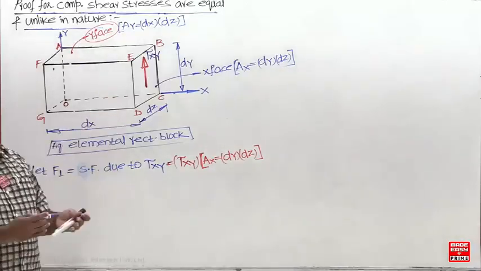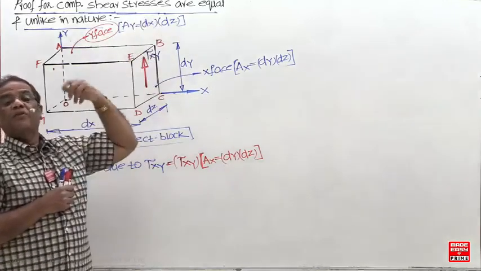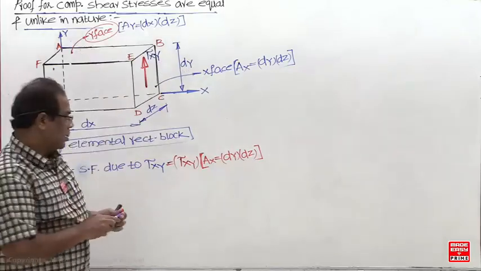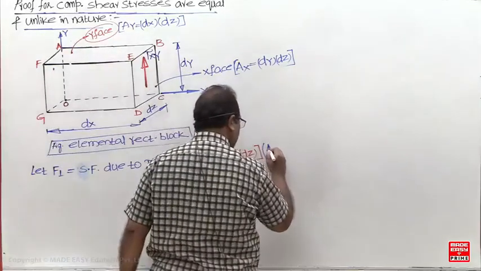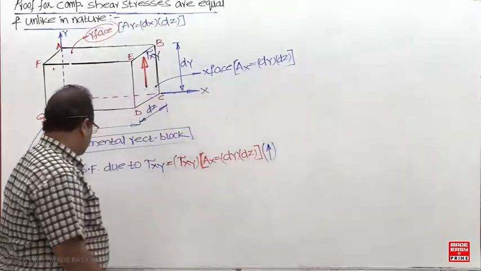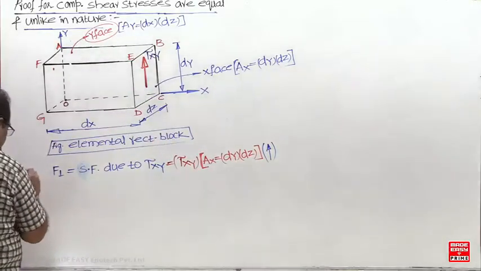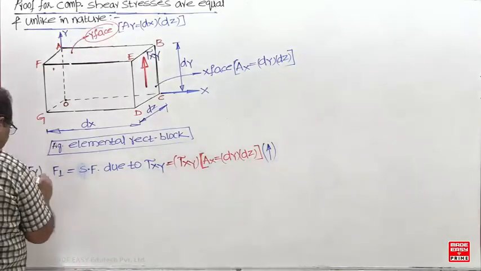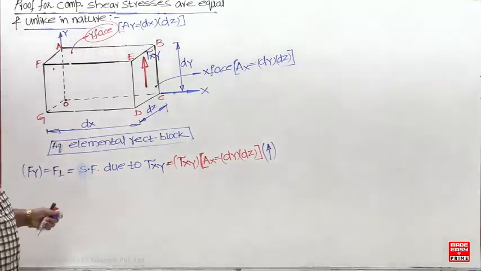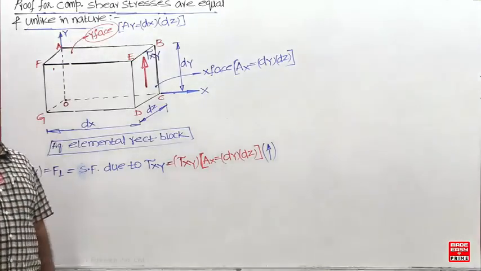In which direction is this force? Y direction, upward. So for equilibrium, the sum of the force in the y direction should be 0.